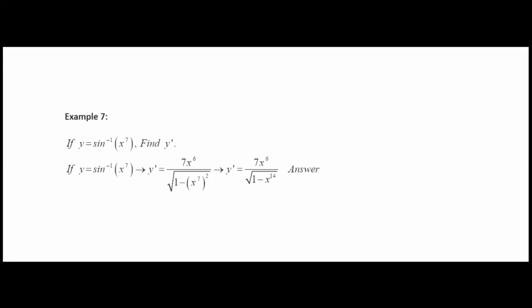Let's work an example using the inverse sine rule. So we have before us y is the inverse sine of x to the 7th, find y prime. We restate this. Now this is my u, so it's u prime, 7x to the 6th, over the square root of 1 minus x to the 7th squared, which is the square root of 1 minus x to the 14th.